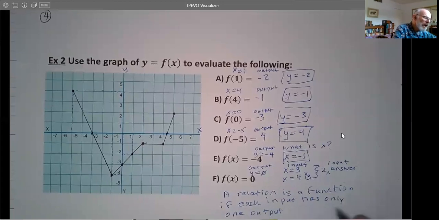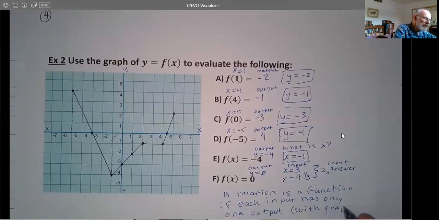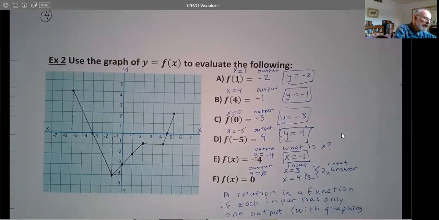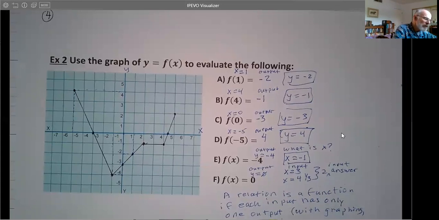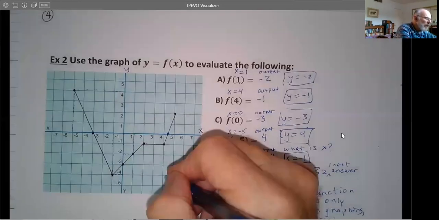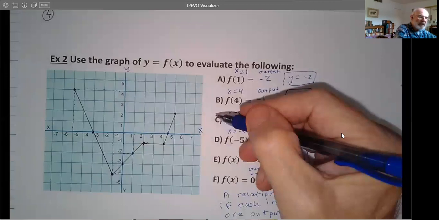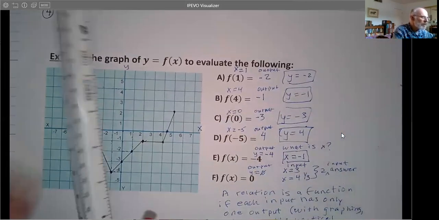And remember when you graph, with graphing, just use the vertical line test because it shows one input for each output. So wherever I draw a vertical line through this, you can see, now, you know, we're good. We only have one output for each input.